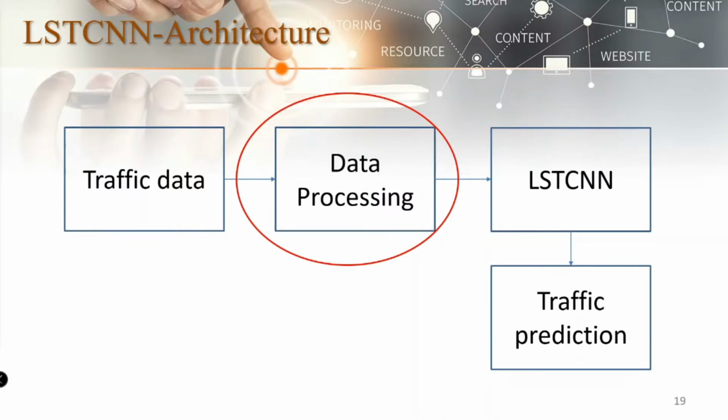Therefore, in the data preprocessing part, we have performed some conversions so that LSTCN can capture the features of spatial temporal dependence of traffic data at the same time when performing convolution operations.